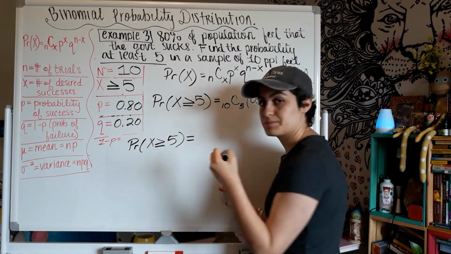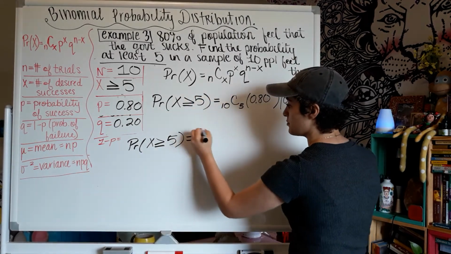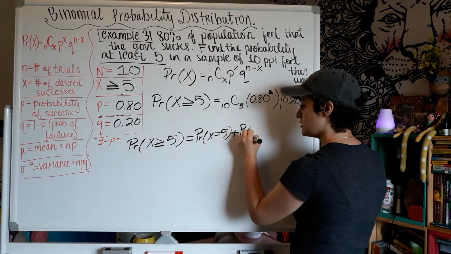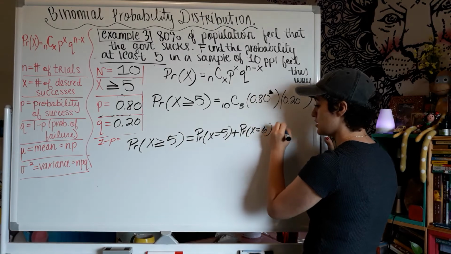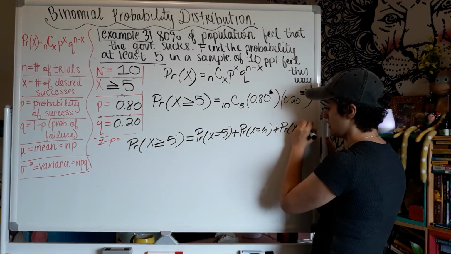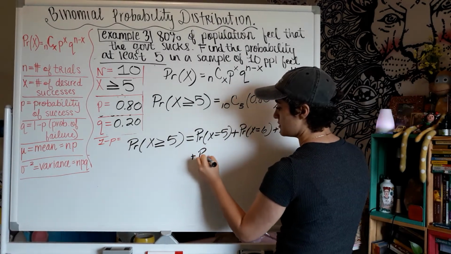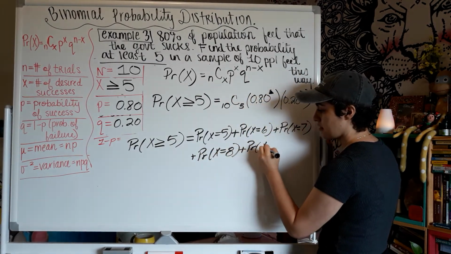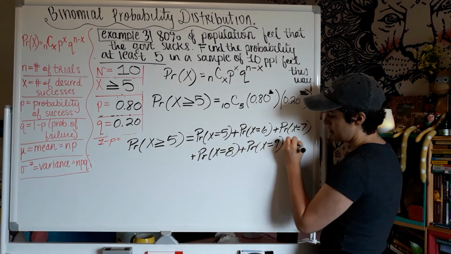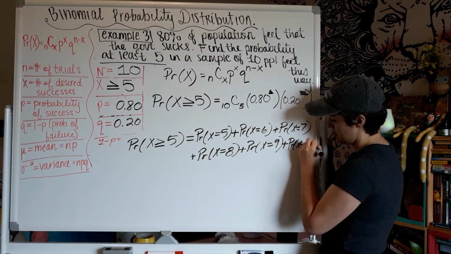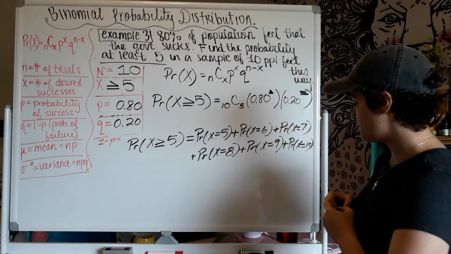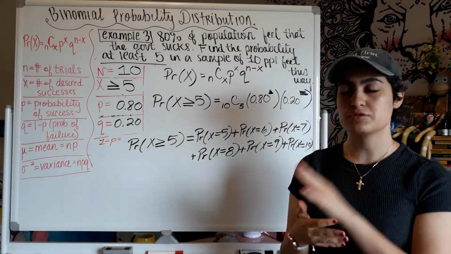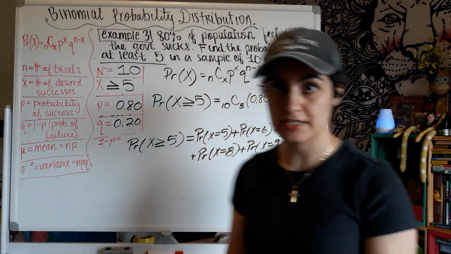Just so I explain, this expanded: this is the probability that X equals 5, plus the probability X equals 6, plus the probability that X equals 7, plus the probability X equals 8. Okay, so if you know how to set them up individually, now it's just a matter of giving it to the calculator.